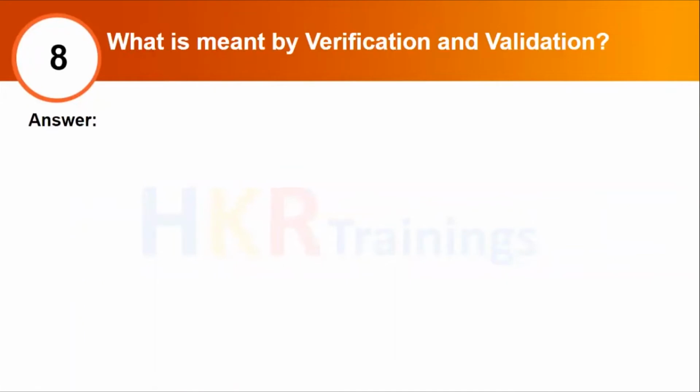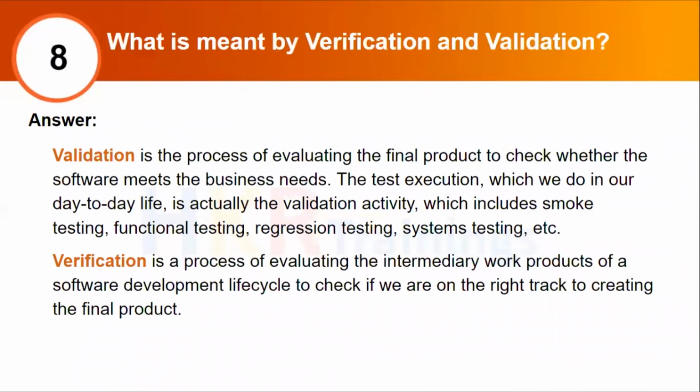Next question, what is meant by verification and validation? Validation we do from our end, that is from testers, and verification will be done from the developers' end. It is in the development cycle, and validation we do in the test life cycle. So what is validation? It is like validating the actual output and the expected output.